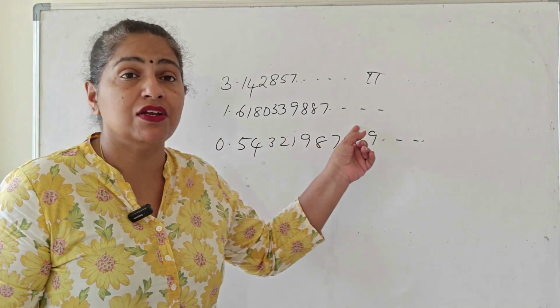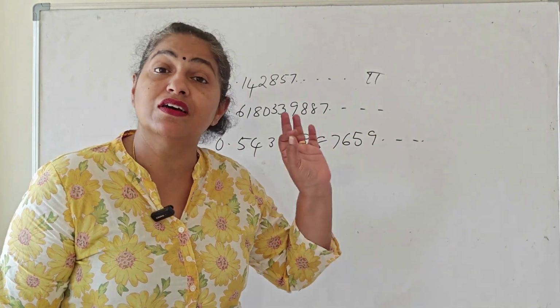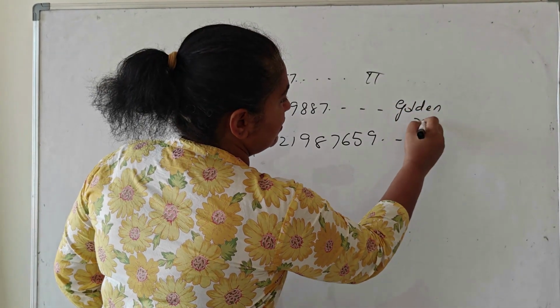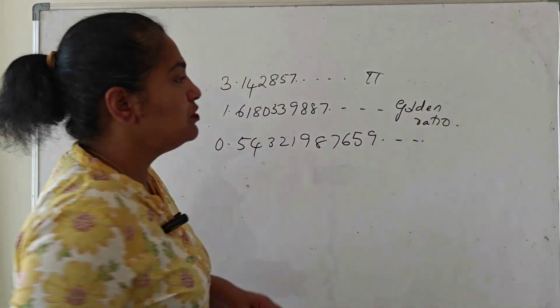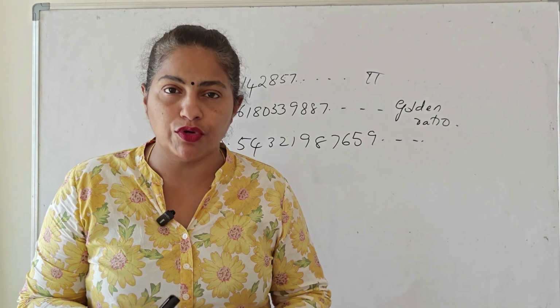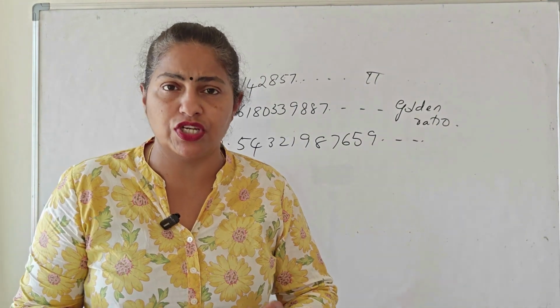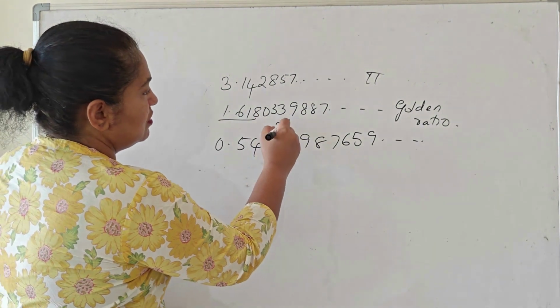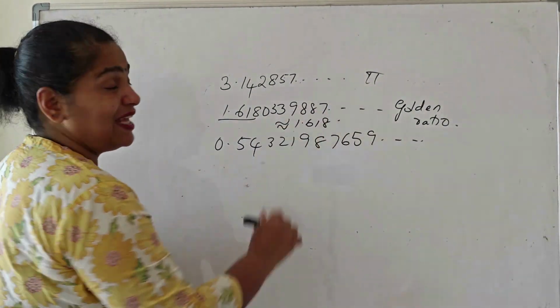Now, this particular number is called the golden ratio. Now, the details of golden ratio, if you Google, you will get a hell lot of information. This particular value is always approximated to 1.618.